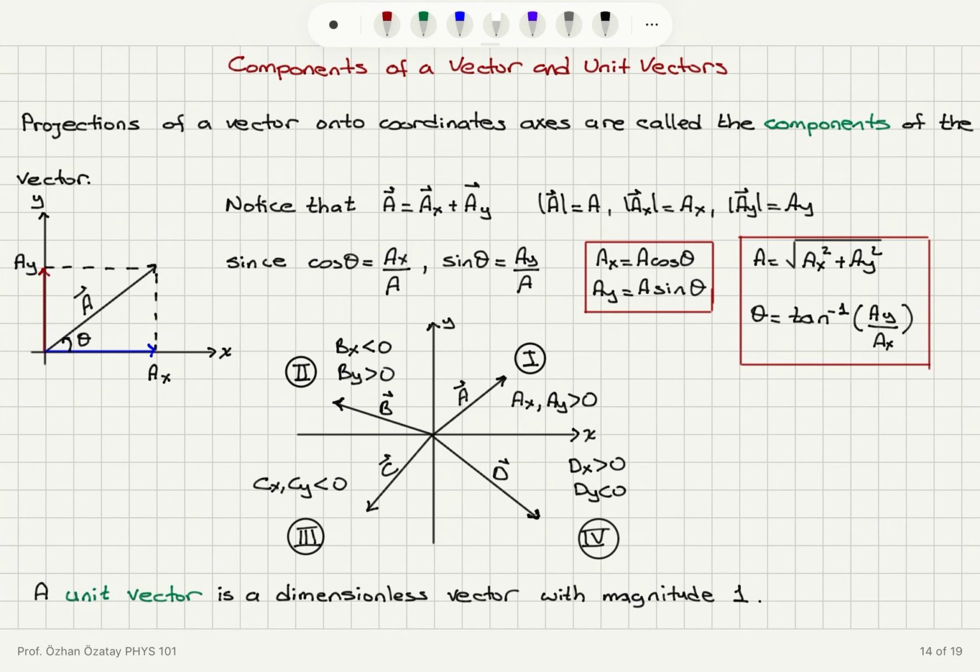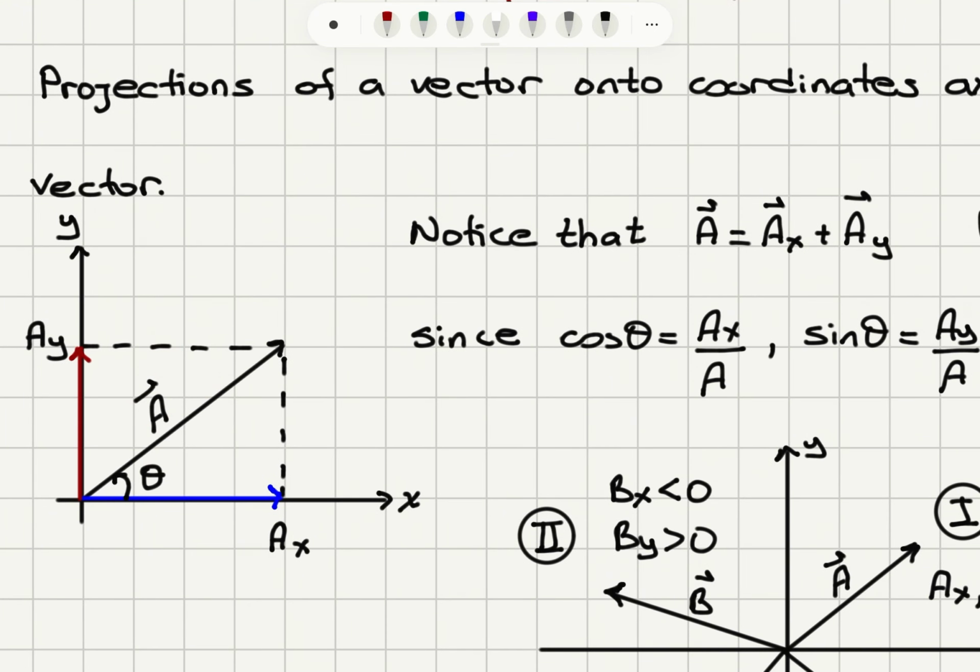Now, in doing algebra with vectors, it's quite often convenient to work with components of vectors. So the components of a vector are found by looking at the projections of a vector onto coordinate axes. So if this is vector A, we look at its projection onto the x-axis and call the projection AX, and projection onto the y-axis called the projection AY.